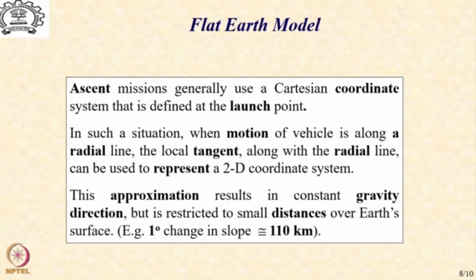So if you can ignore this, you can assume that the rocket is moving along a straight line or a radial line.